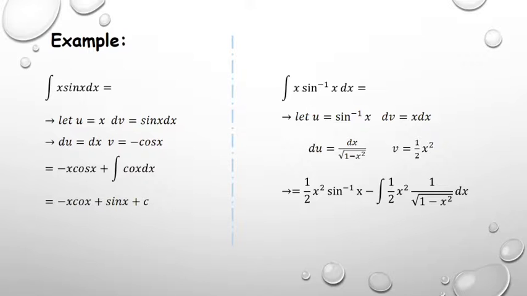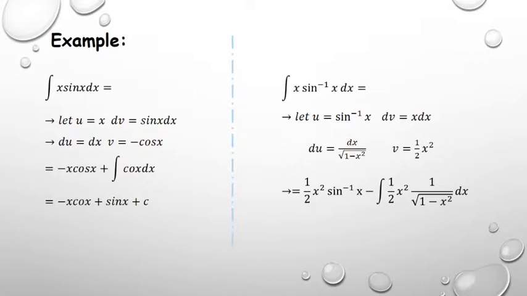A second example that we are going to do here is the integration of x times sine inverse of x dx. In here, we see that there is an inverse function and therefore it is highest in the order. Therefore, we choose the inverse function as u. So let u equal sine inverse of x and dv equal x dx. du equals dx over root of 1 minus x squared, and v equals half of x squared.